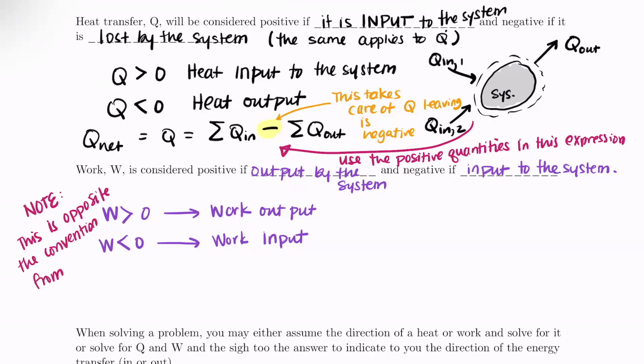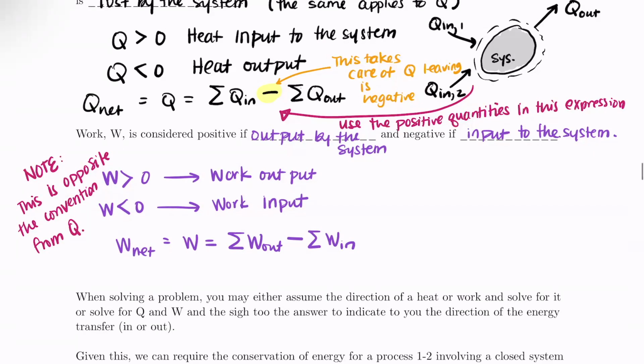From Q. Okay, so we have then that the net work is equal to W, which is equal to the sum of the work out minus the sum of the work in. So this is our net work output.